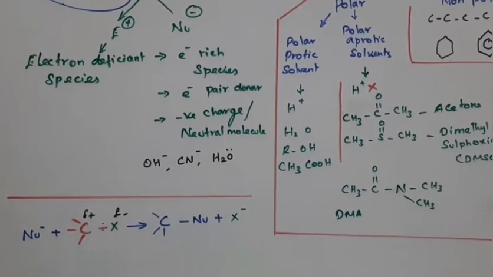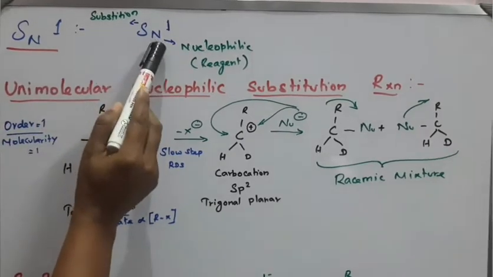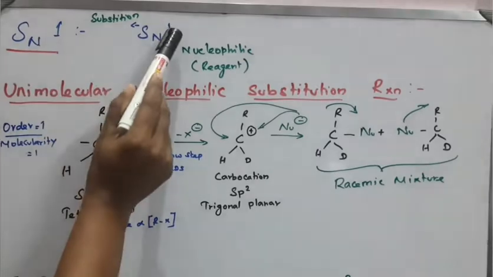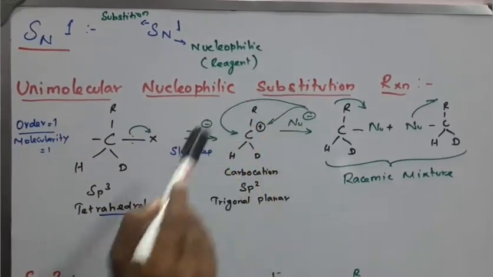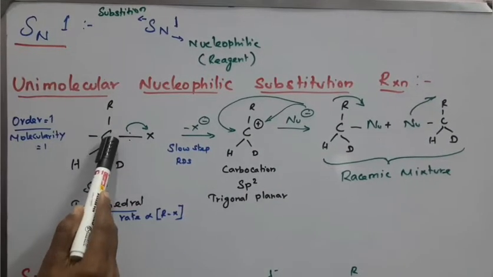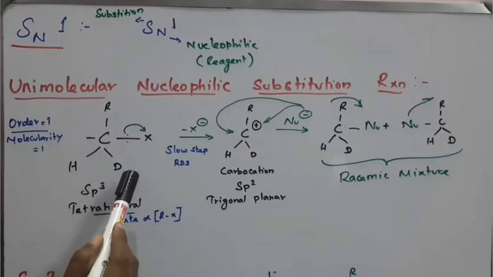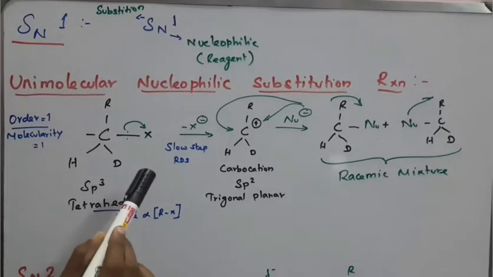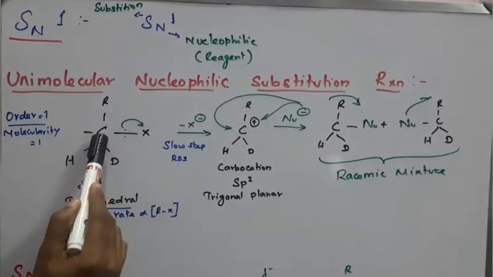Next, the SN1 mechanism. SN1 stands for unimolecular nucleophilic substitution reaction. Suppose this carbon contains four different groups. Suppose a weak nucleophile comes to attack this carbon.